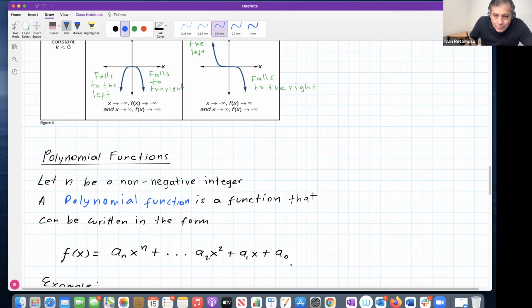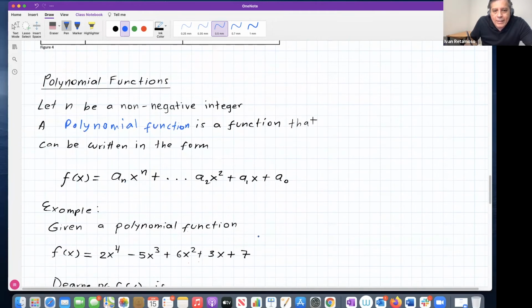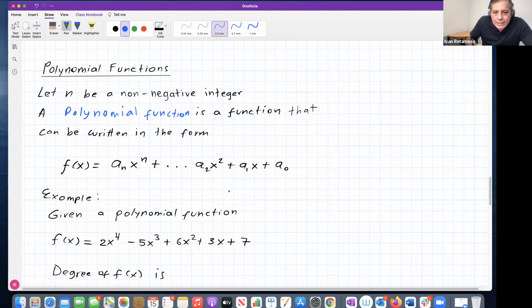Don't get freaked out when you see this representation. It's just a polynomial in its most general form. All right, now, let me give you a numerical example for you to visualize what a polynomial function is. Consider this polynomial function, f of x equals 2x to the 4 minus 5x to the third plus 6x squared plus 3x plus 7.